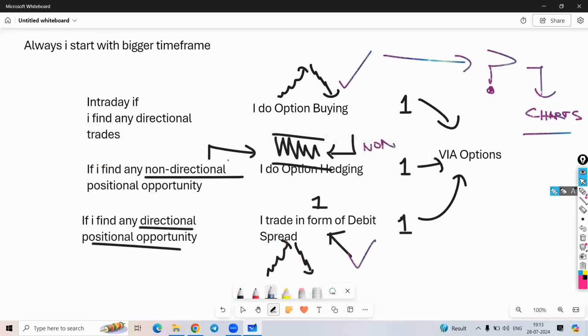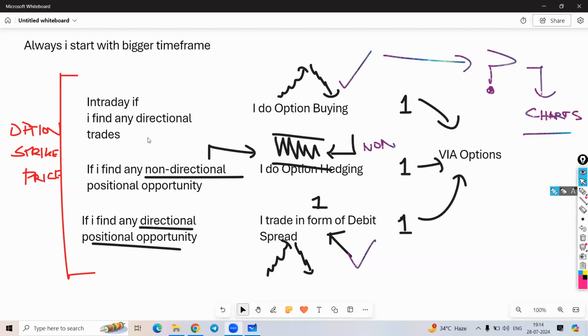So basically, what happens here? For doing option trading, I want only the process to select what? Option strike price. That's it. So here option trading is just a medium, just a mode of taking trades from a different perspective based on the requirement. Only at the entry time I need my option strike price selection.